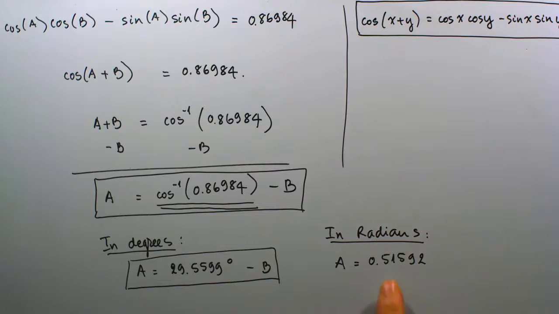And here I'm using 5 decimals, but once again, do watch out for your rounding requirements depending on different problems that you are looking at, minus B. And so those are 3 different ways of how you express your final answer.